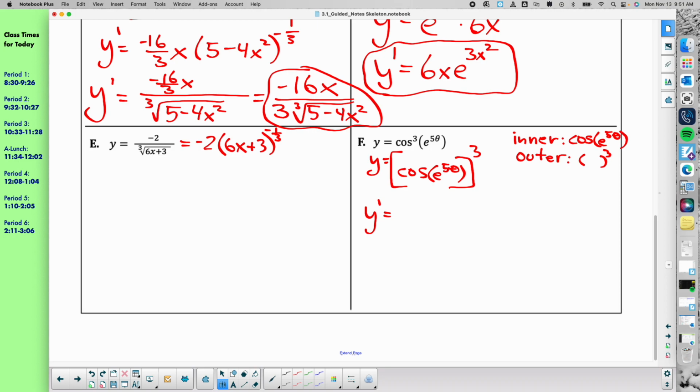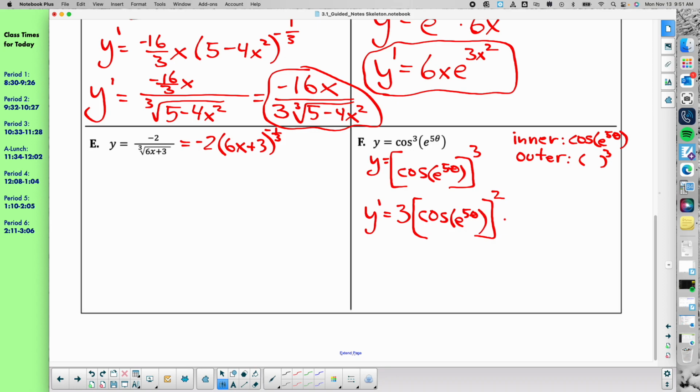Three. Okay, so 3 in the front. I'm going to write the exact same inside, but now with a square. So at this stage, I don't care what the inside is, I'm just going to rewrite it. No matter how complicated it is, I just rewrite the inside.